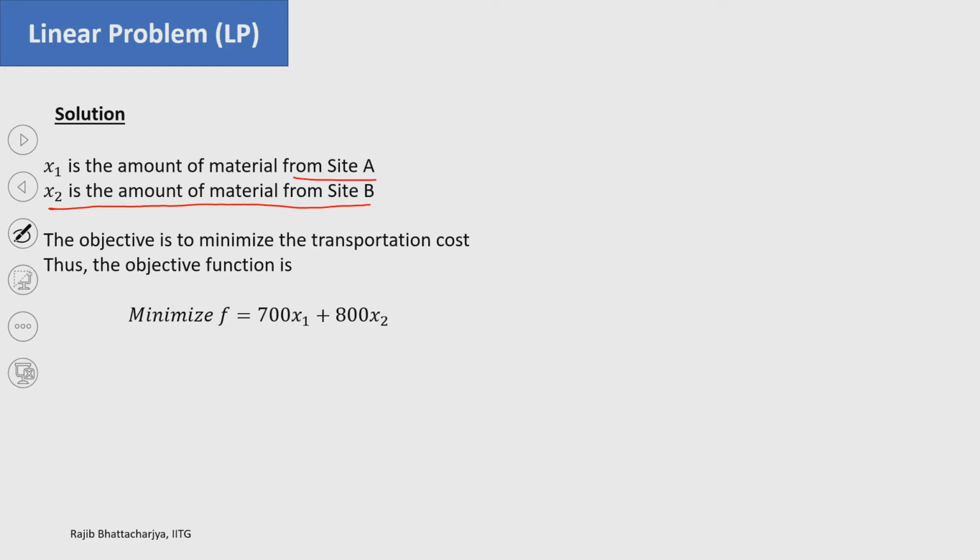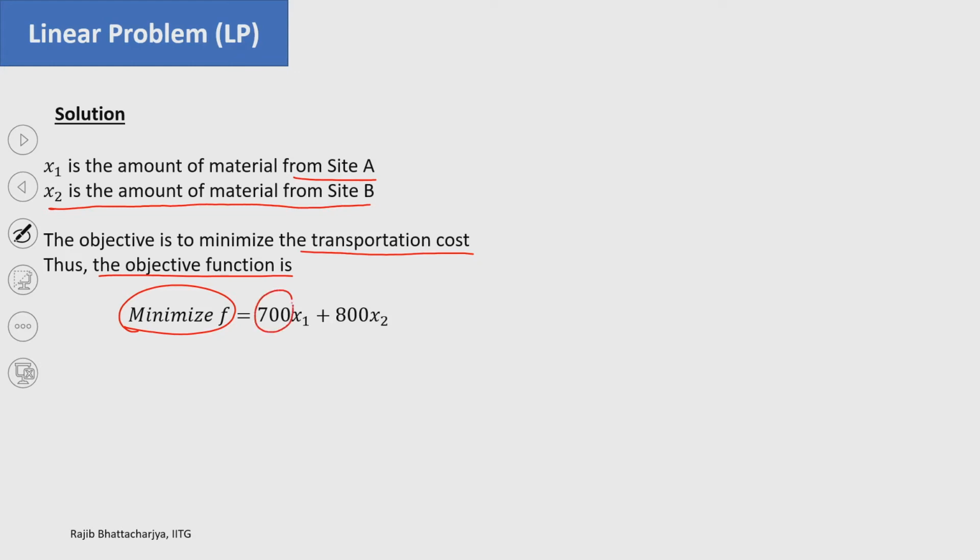Now, what is the objective? The objective is to minimize the delivery cost, or we can say transportation cost. Therefore, the objective function is a minimization type, that means I would like to minimize the delivery cost. What is the delivery cost per cubic meter?